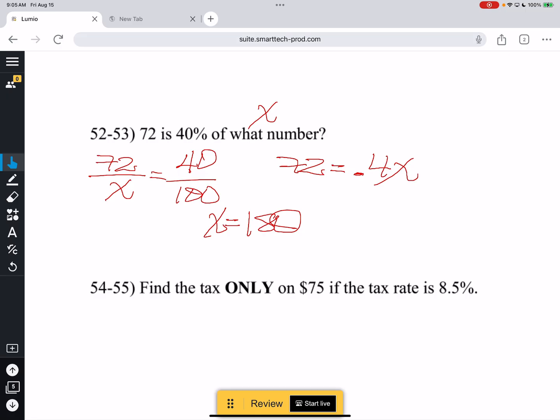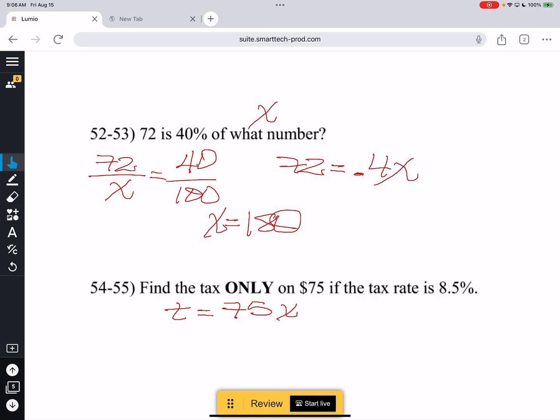So tax equals 75 times, how do I write 8.5% as a decimal? Yes, 0.085.